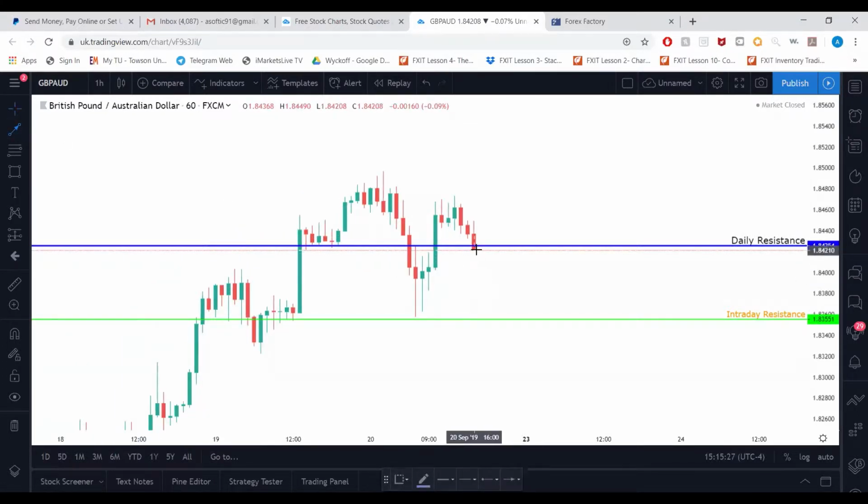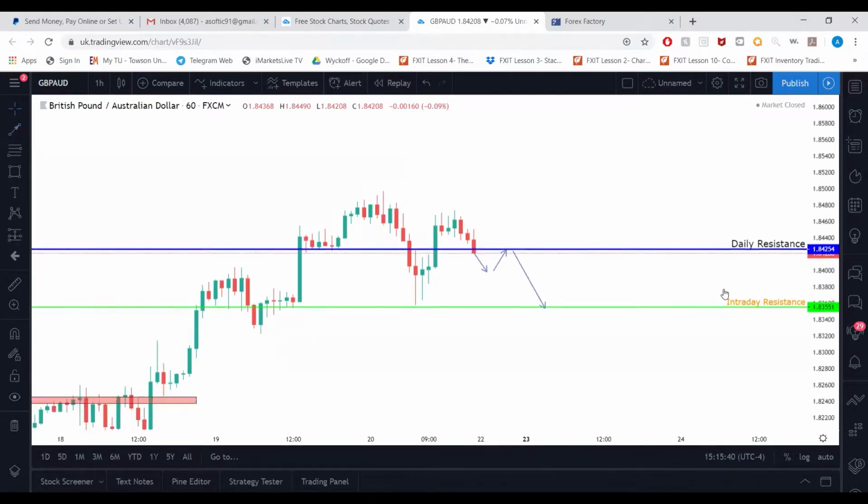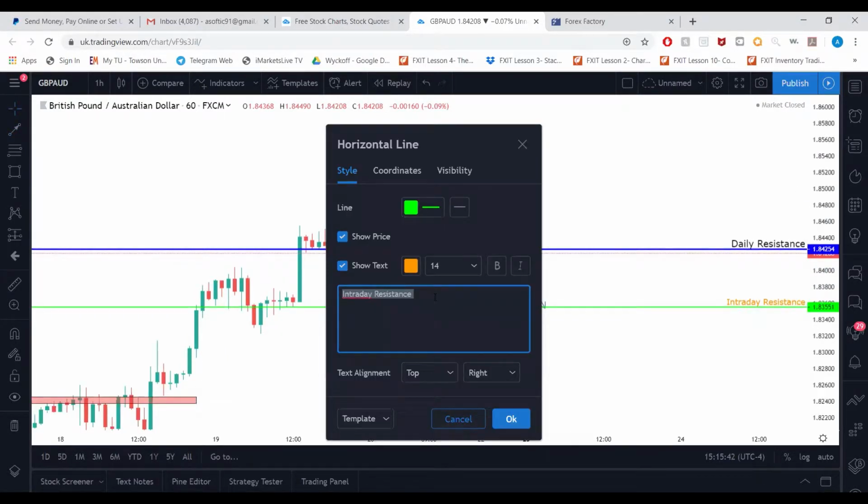So for me to enter this, I would like to see a further push down, a retest to validate it once again as a resistance, and then you sell it from that level to here. Your first take profit is this support.